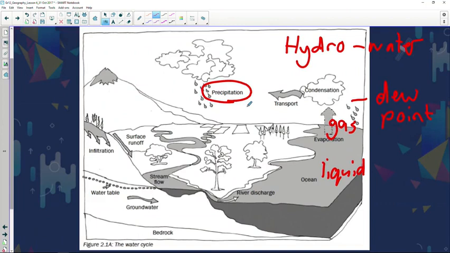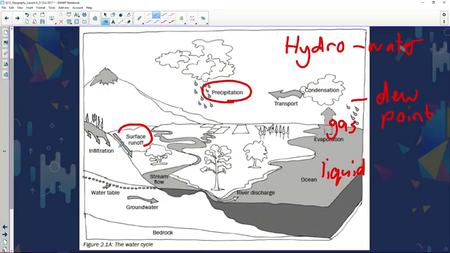Now what happens? It rains over the interior countries, over continents. There are two ways this water reaches back to the ocean. Surface runoff, as you can see over there, flows into our stream channels, into our major rivers, and then the river discharges into the ocean.